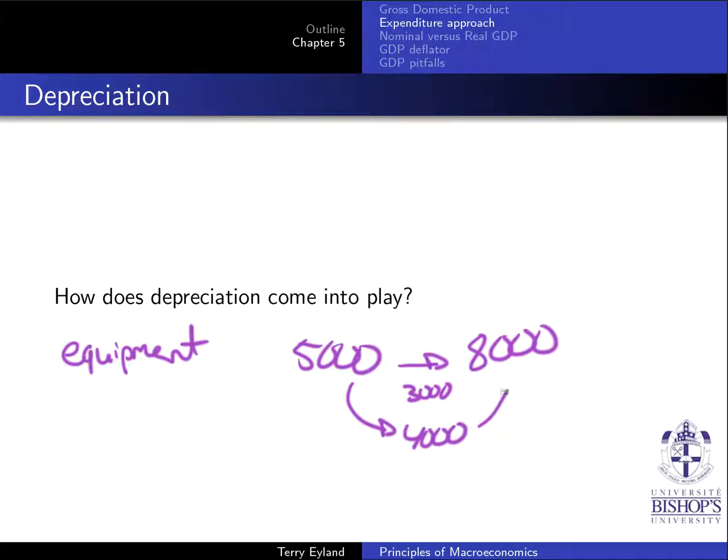So to go from 4,000 to now this new figure that appears in your books of 8,000, you actually acquired $4,000 worth of goods, which is essentially the difference that you observe plus the depreciation amount, which was this $1,000 here. So 3,000 plus 1,000 would be the total purchases of equipment.